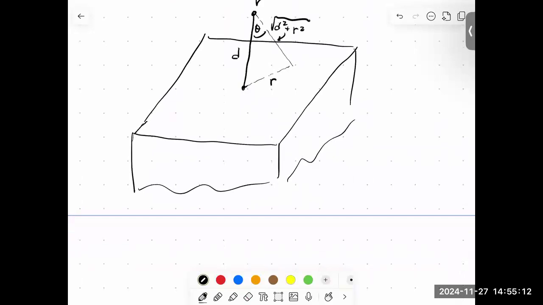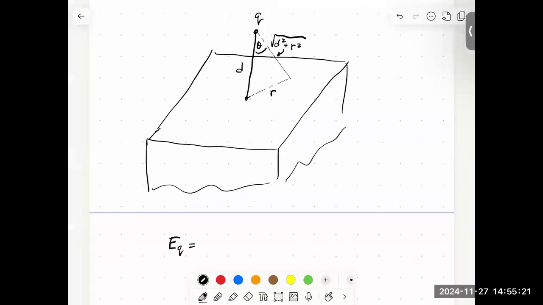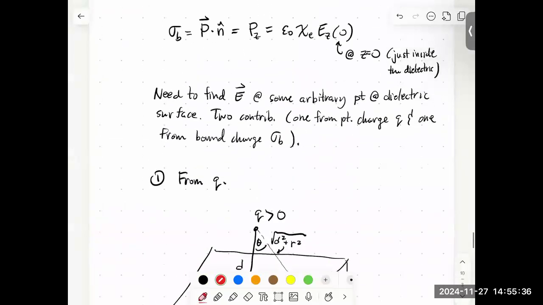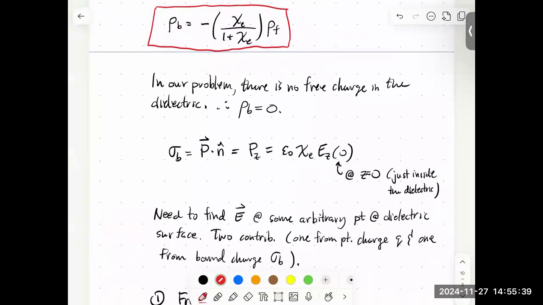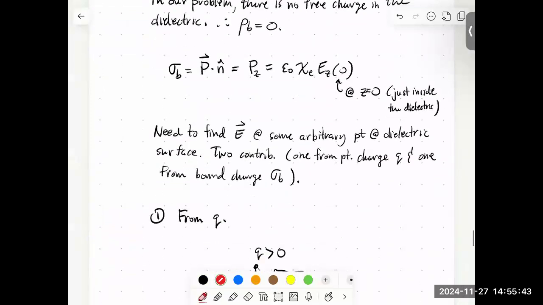Okay, so the electric field contribution from Q. If Q is a positive charge, which we said it was, then it's going to make an electric field in this kind of direction. But if we go back here, we said we only wanted the z component of that electric field.